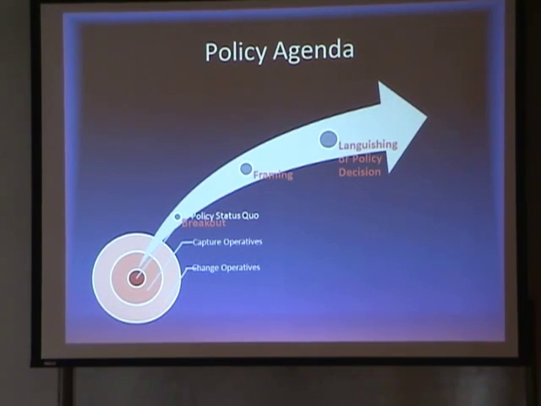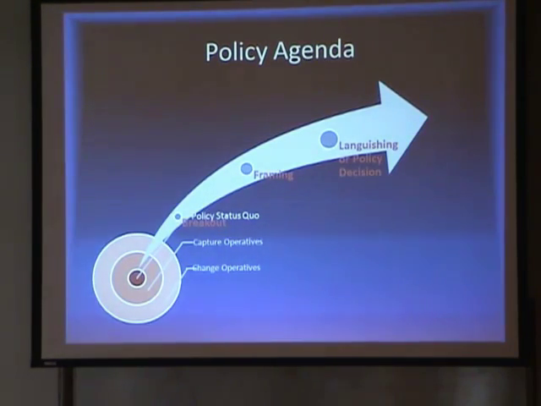Once we break out, in other words, once I've said we can actually get this onto the agenda, there's a second problem that emerges, and that is that if you're going to get this on the agenda, you're going to want to describe the problem one way, and I'm going to try and describe it a different way. So now we're in the process of framing this issue. What's it all about? If I'm a capture operative and I lose control so that it gets onto the agenda, my next step is to frame the issue so that you lose anyway.